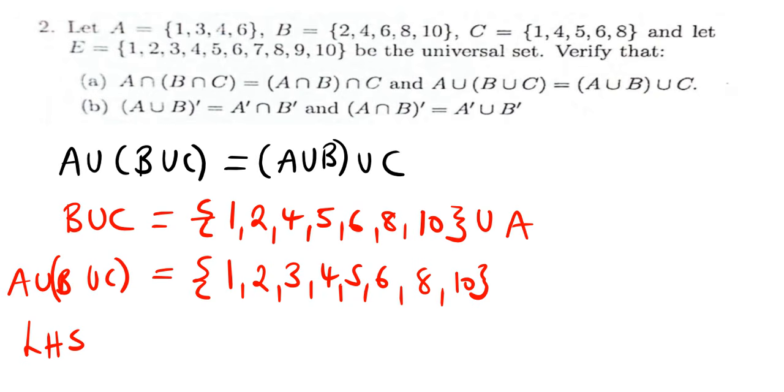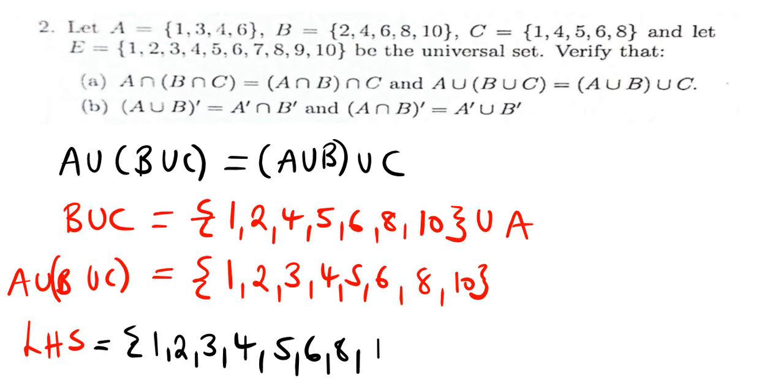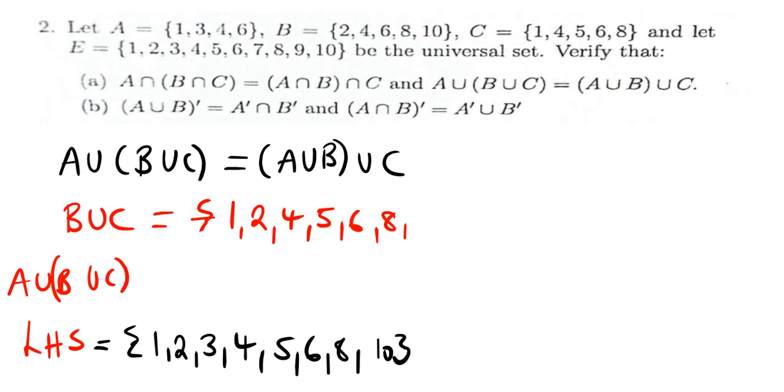For the other law, let me write the left hand side. We found that it is 1, 2, 3, 4, and so on. That is what we have on the left hand side, and we've already found our answer there. Let's move to the right hand side.